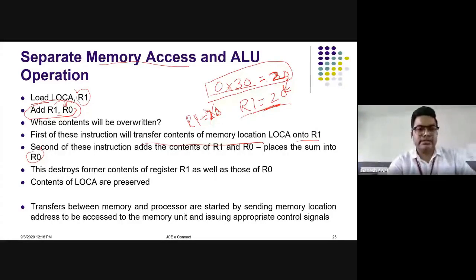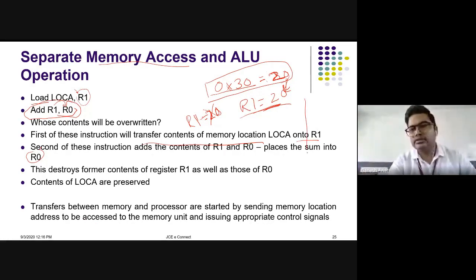The transfers between the memory and the processor are started by sending the address of the memory location to be accessed to the memory unit and issuing the appropriate control signals.